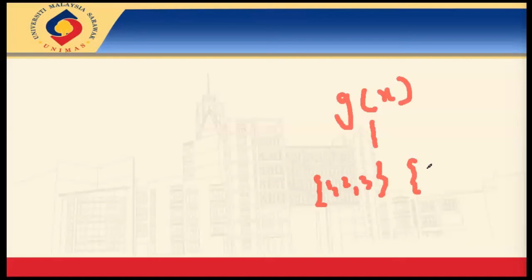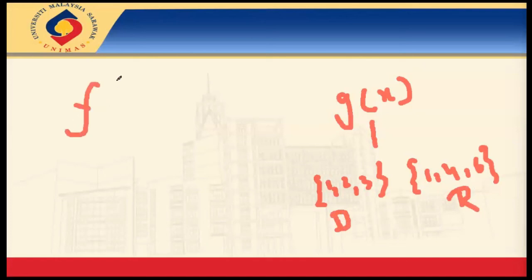Let's suppose it is 4 and 6. So now this g of x is a function which has a domain and a range also.